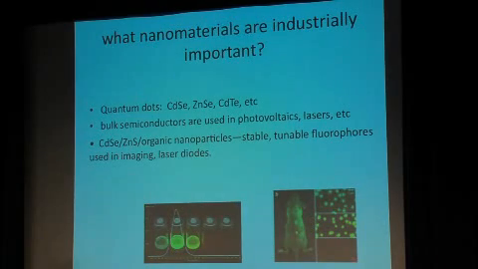And then you can do imaging that way. And this here is showing a mouse that has 3 different colors of quantum dots that have just been implanted under its skin. And this is showing imaging through the skin of the mouse.